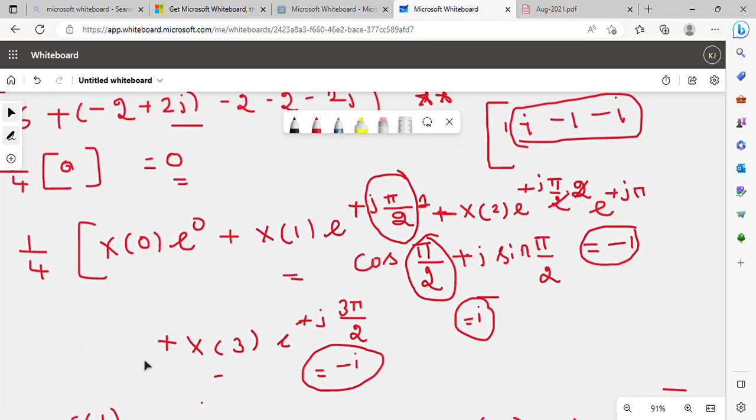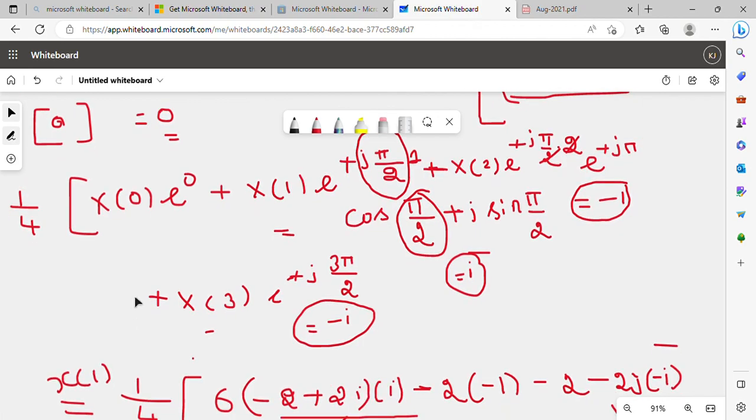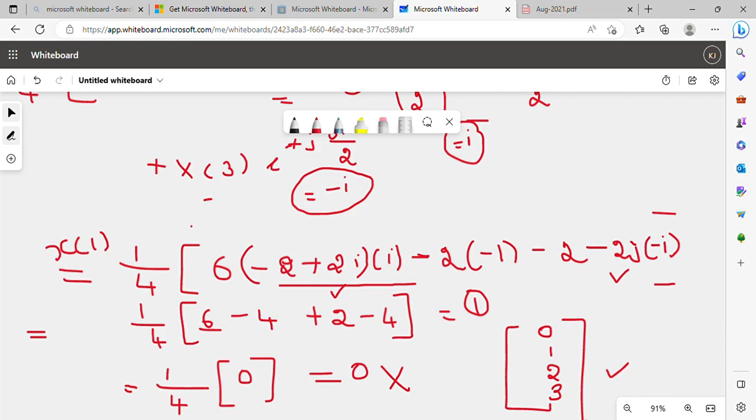So here it is i, right? And x of 1 is minus 2 plus 2i into i. I will substitute it in this calculator itself. Sorry for the distraction that has happened over here.